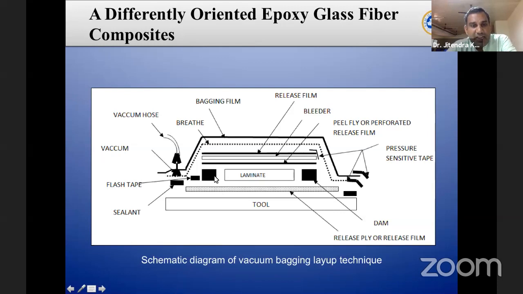In vacuum bagging, you apply some pressure and put the laminate inside the vacuum, which removes unwanted things, and you can compress the different laminas and fabricate good quality laminates by the vacuum bagging technique.